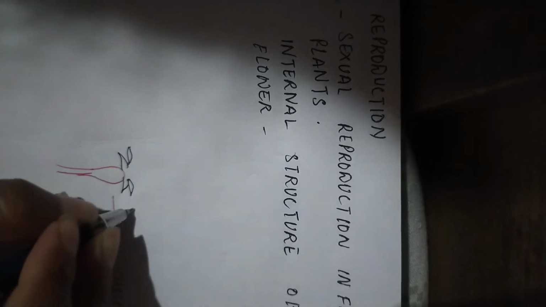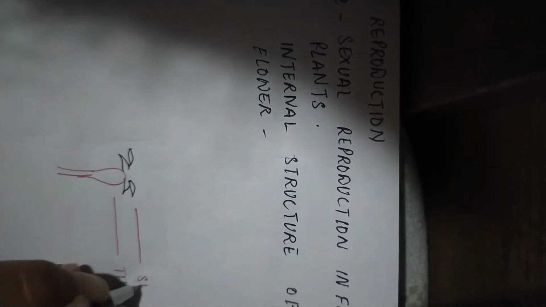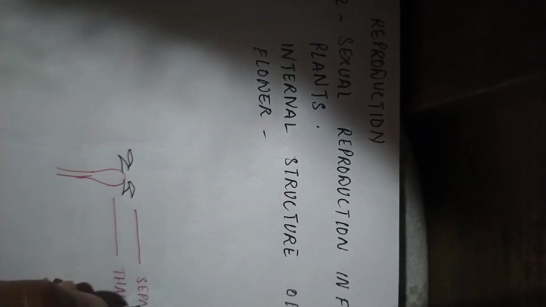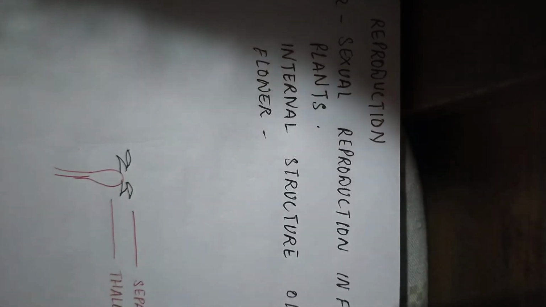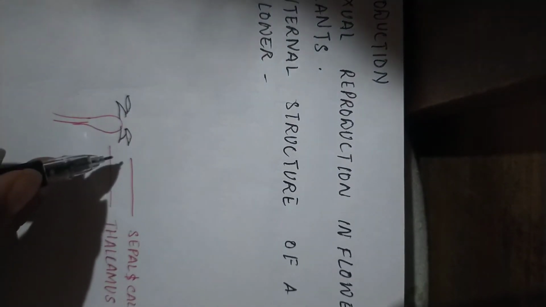This is a sepal, and this is a sepal. And two or three sepals together are known as a calyx. So this is the first whorl.